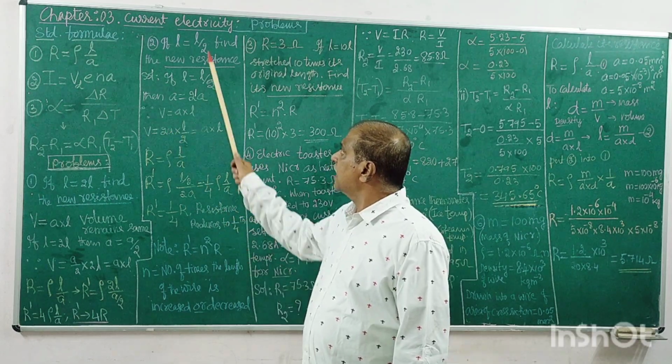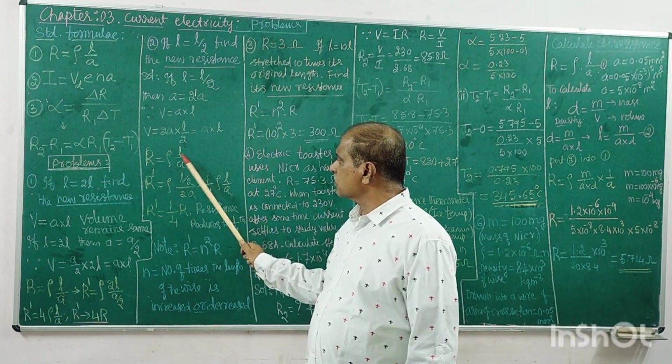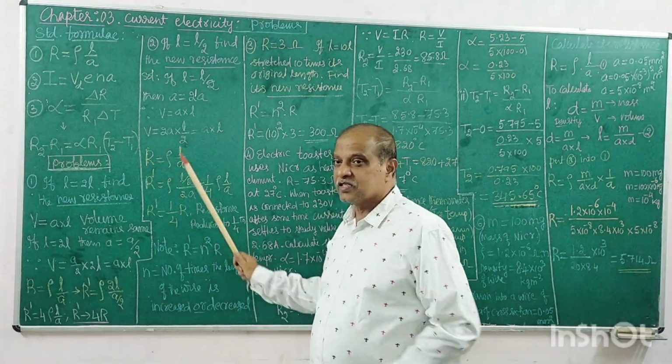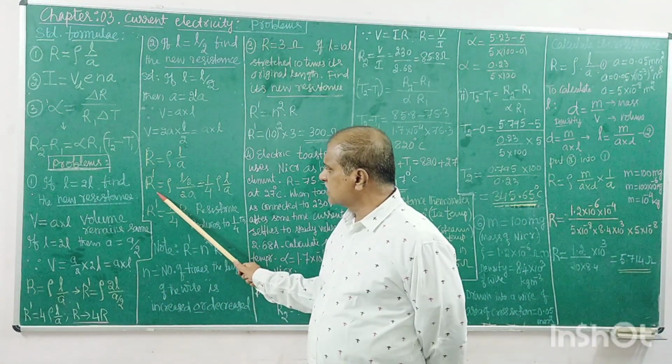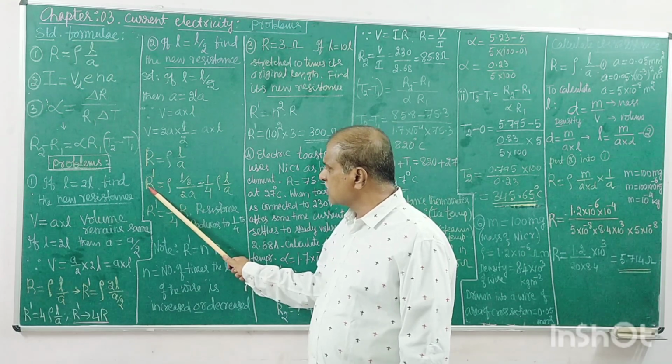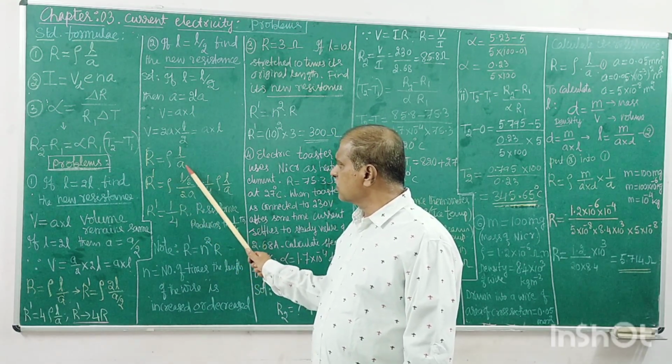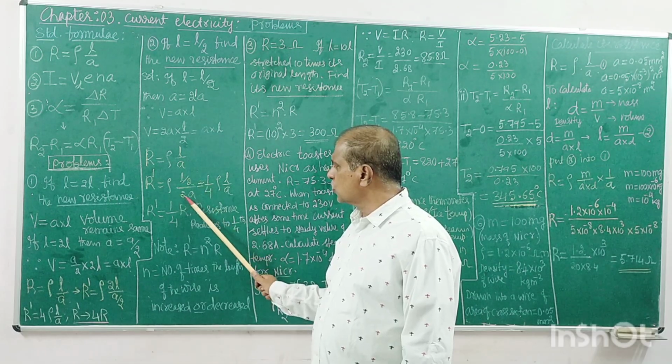So write this L and A into the equation. This is the resistance at the initial state. Resistance at the final state is R dash is equal to rho into, this remains L, becomes L by 2, A becomes 2A.